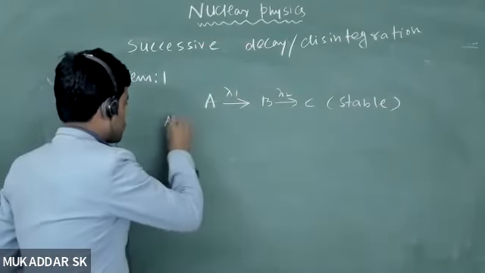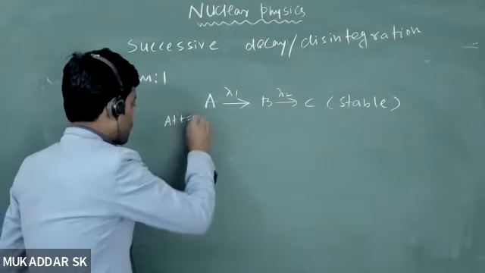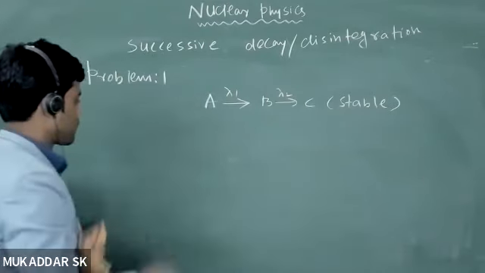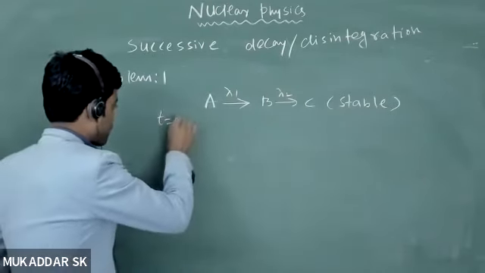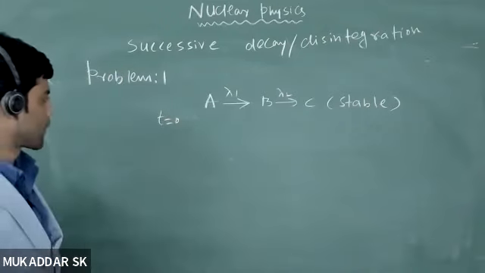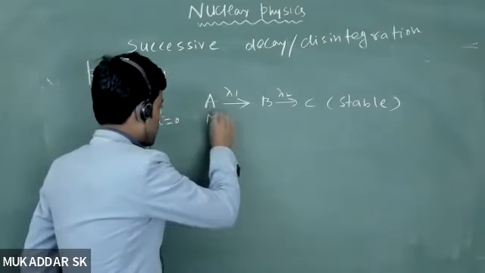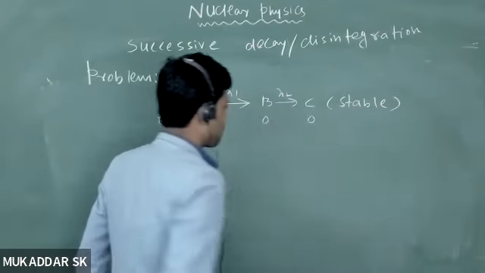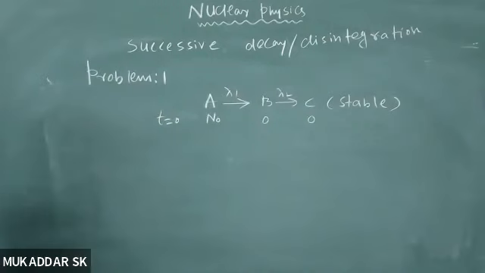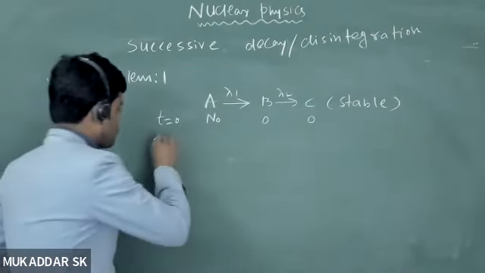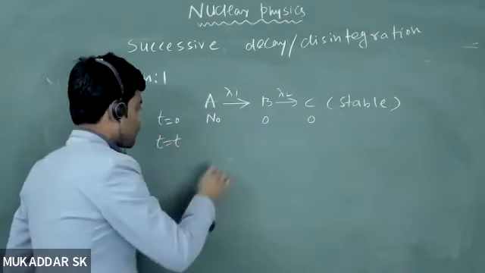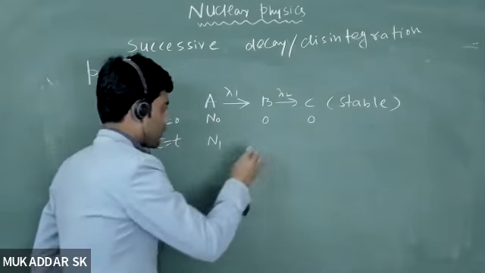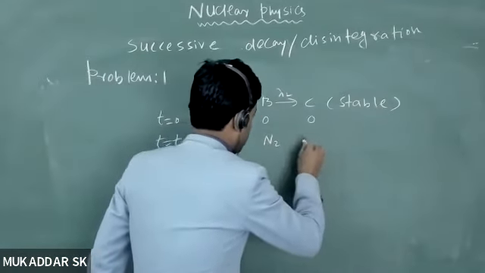At t equals 0, the A nuclei is N naught, B is 0, and C is 0. At t equals t, it becomes N1, N2, and C becomes N3.